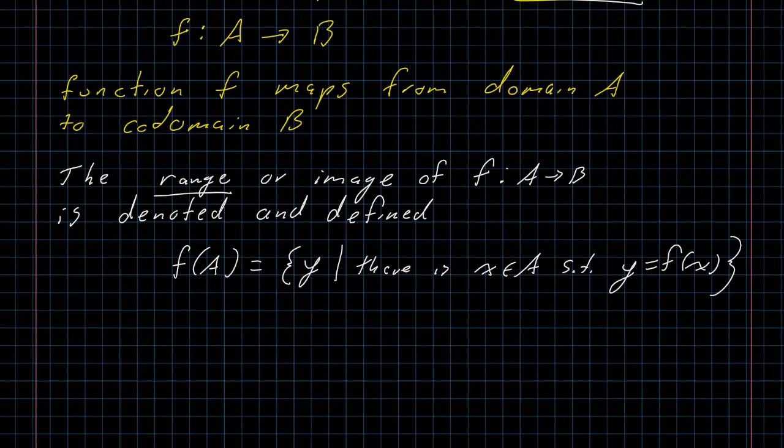Right, so the range, and I should have included in here, sorry about that, is the set of elements y in the codomain so that there actually is an x in the domain that gets there.